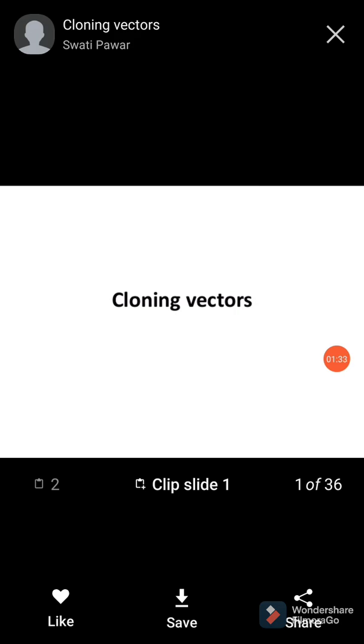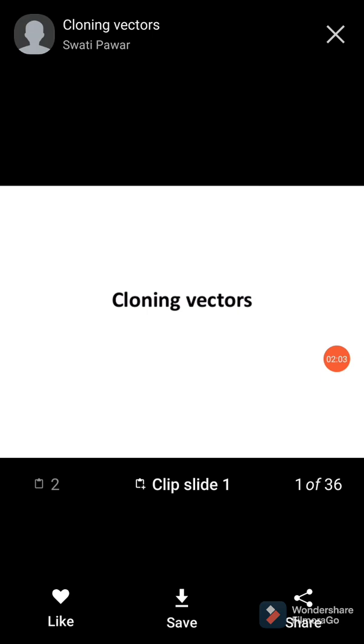A vector containing a foreign DNA is termed a recombinant DNA. This I had also explained in detail. Why? Because recombinant means the recombination of two DNAs. The vector itself is generally a DNA sequence, and it consists of an insert, meaning our gene of interest.